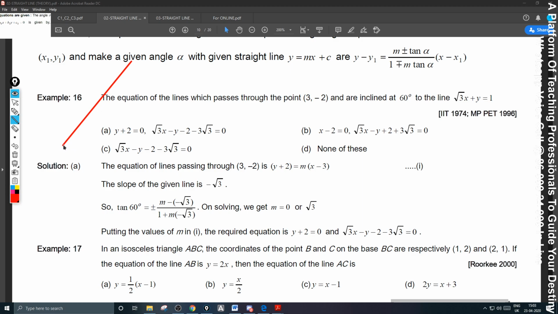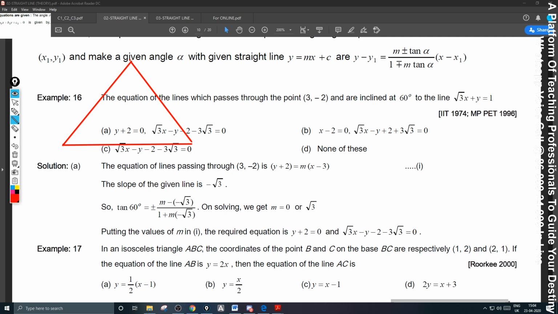What are the coordinates of B and C given? Because it is an isosceles triangle, two sides must be equal. I am taking these two sides as the equal sides, and this is another side.